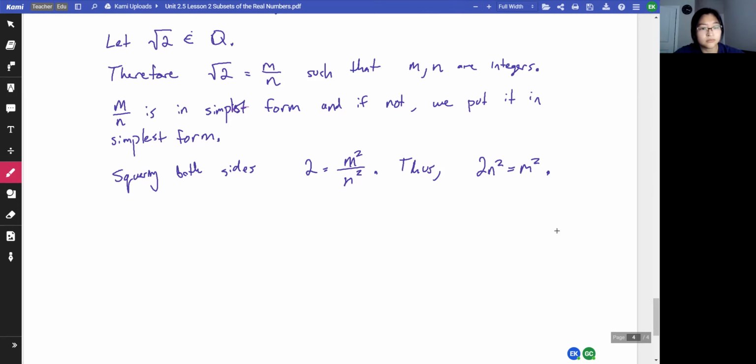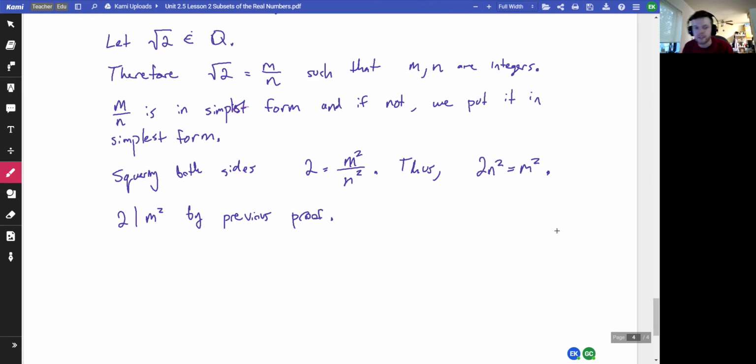Yeah. 2 divides M squared by previous proof. It's almost as if we strategically chose that previous proof to set us up to understand this proof better, right? M squared is even, therefore, I just said it, dang it. I'm sorry, I took that from you. What did we prove before? 2 divides M squared, then 2 divides M, so then M is even.